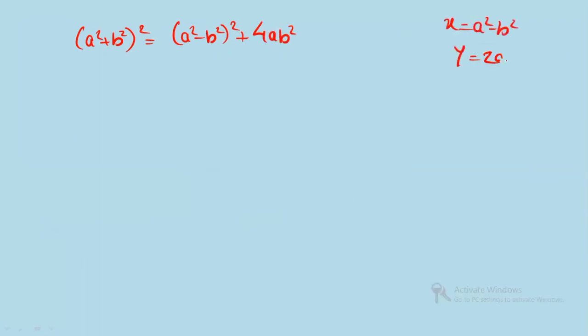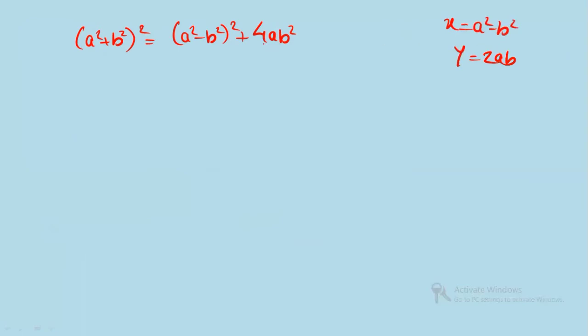Now you have seen the algebra identity, which says (a square plus b square) whole square is equal to (a square minus b square) whole square plus 4a square b square. And we have already seen x is equal to a square minus b square, and y is equal to 2ab.